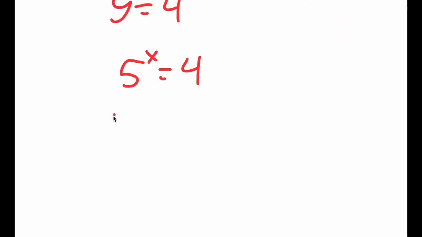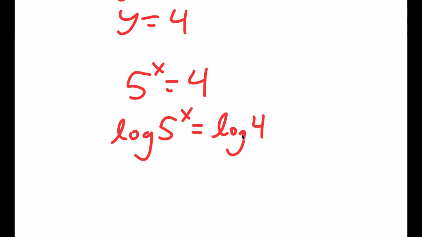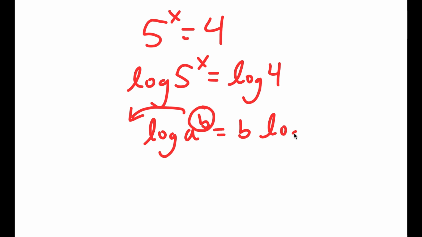And to solve this, I'm going to take the log on both sides. So I get log 5 to the power of x is equal to log 4. And if I have something in the form log a to the power of b, I can move this exponent of b to the front. So it's going to equal b times log a.